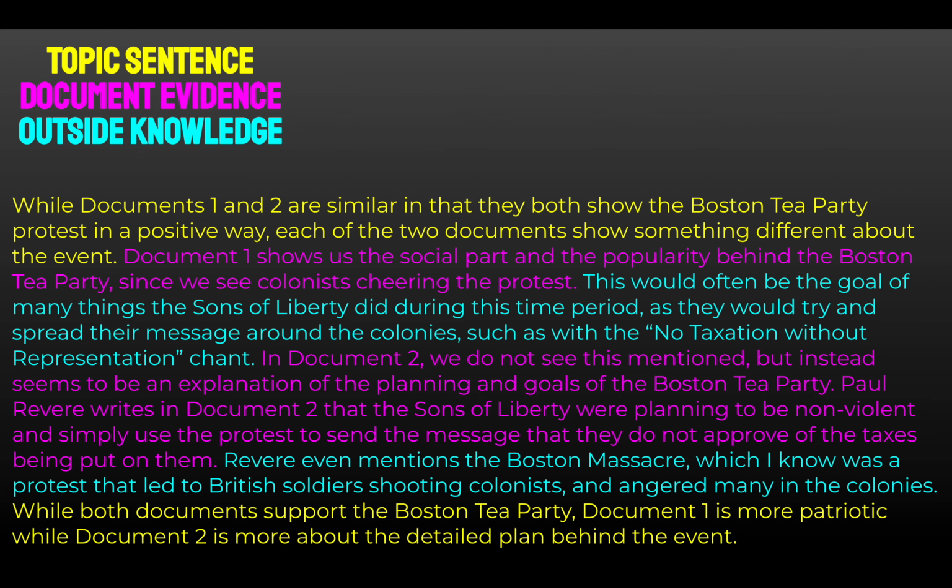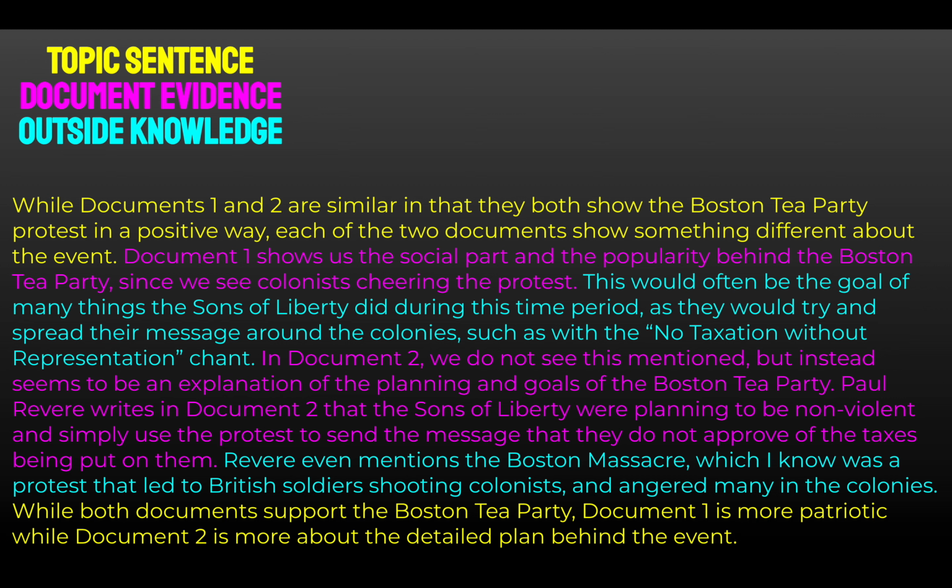I'm citing the document. So document 1 shows us the social part and the popularity behind the Boston Tea Party, since we see colonists cheering the protest. I'm going to give some outside knowledge, some explanation next.